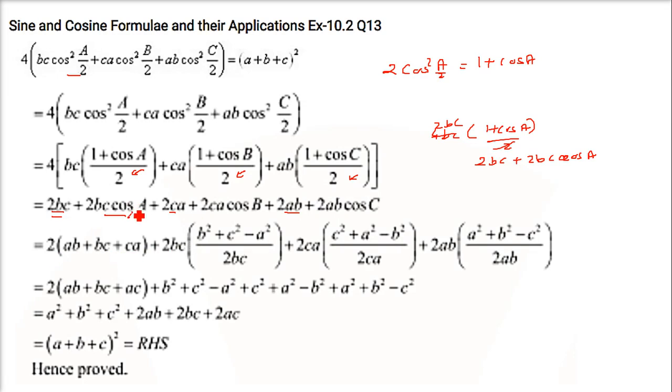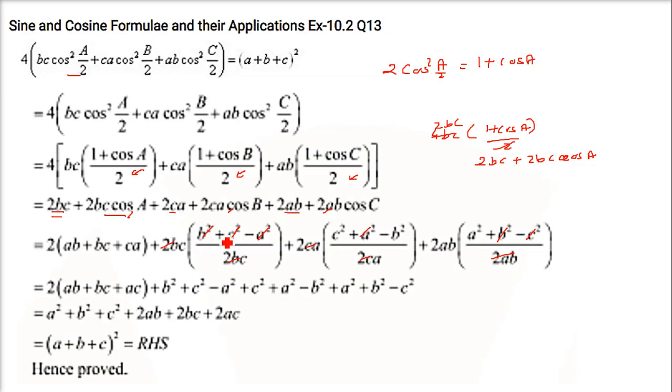Now here this one and this one will use the formula of cos. So cos A will be (b square plus c square minus a square) by 2bc. Here also cos formula. Now here this gets cancelled, this gets cancelled, this gets cancelled, and this will be simply added. So a square gets cancelled with a square, b square gets cancelled with b square, and c square gets cancelled with c square.